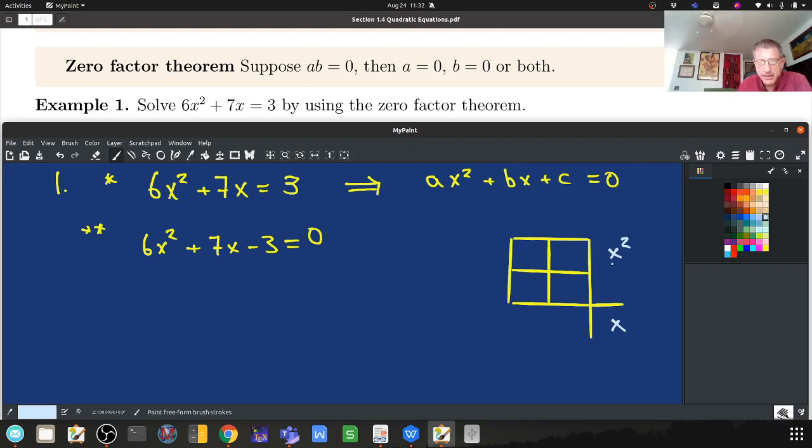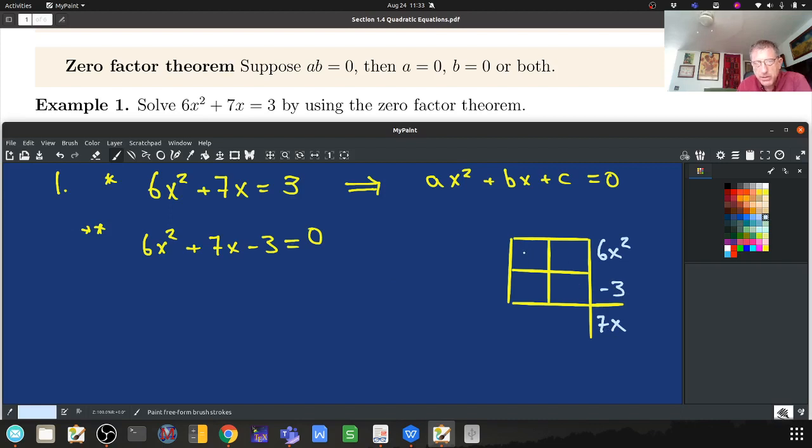This is my x term and this is my constant term. So what I do is I write my degree 2 term at the top, and then I skip, and at the very, very bottom, I write my degree 1 term, and then I put my constant term here.